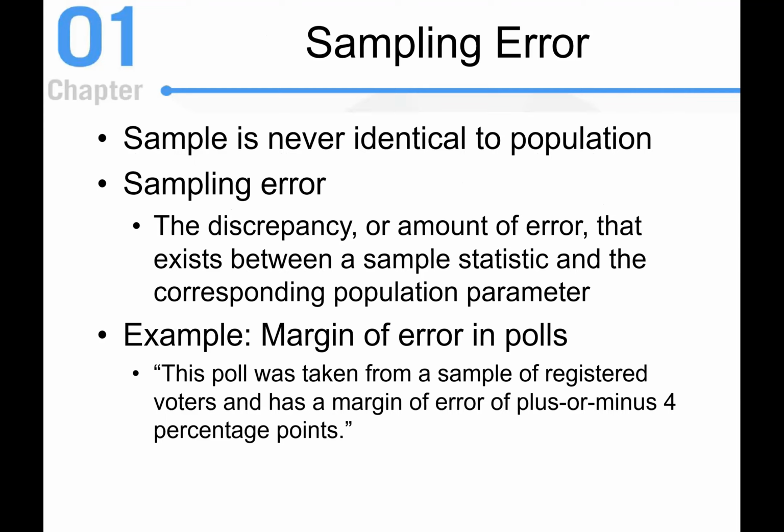All right, so one key thing that we need to understand is that when we're sampling, we're always going to get what is called sampling error. And what exactly is sampling error? Sampling error doesn't mean you made a mistake as a researcher. It doesn't mean you messed up. What sampling error means is that a sample is never identical to the population it came from.